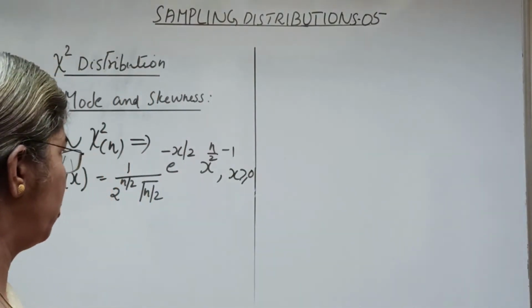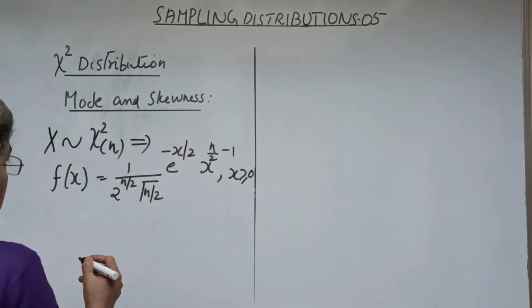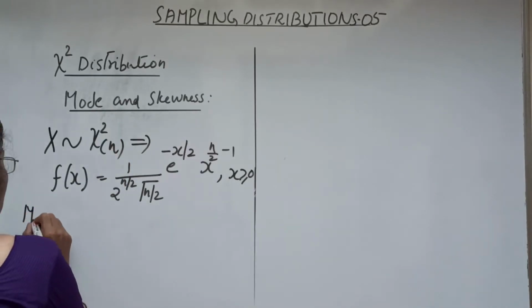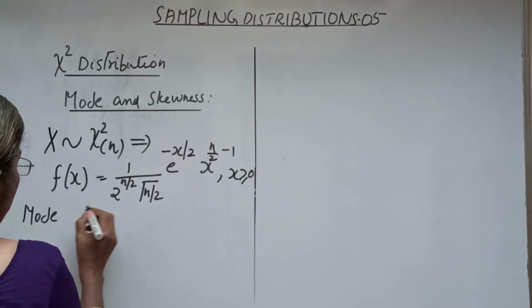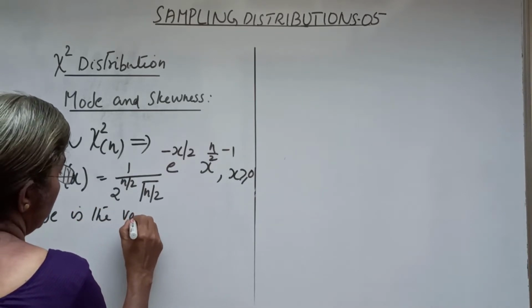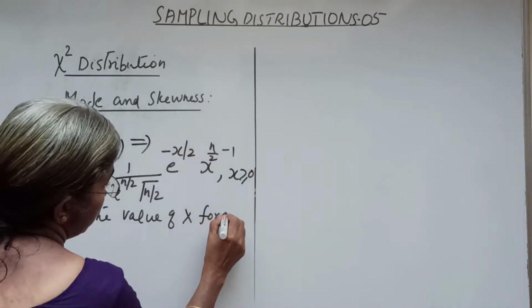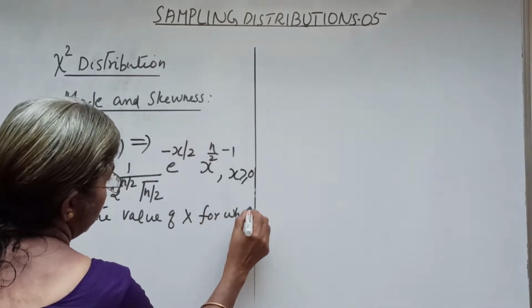Now we want to obtain the mode of the distribution. Mode is the value of x for which f of x is maximum.